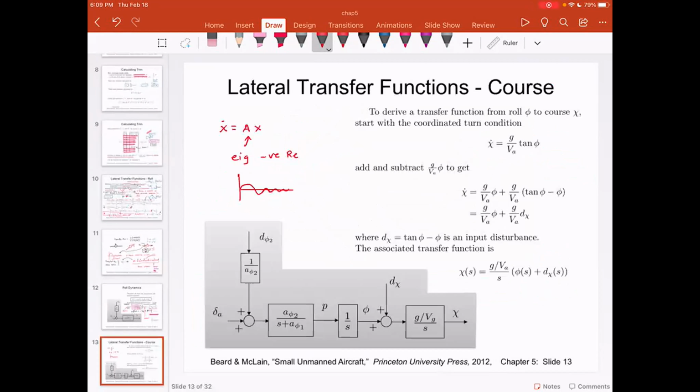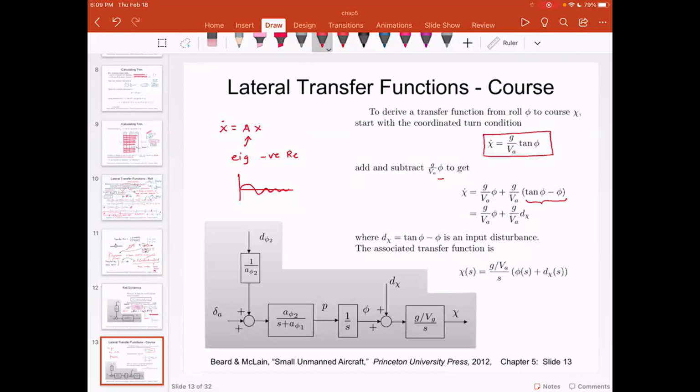So what we are going to look at is the relationship between chi dot and the roll angle. So we looked at the coordinated turn condition in the last lesson. And then what we did is we subtract on both sides g over V phi. So please note we are subtracting phi.